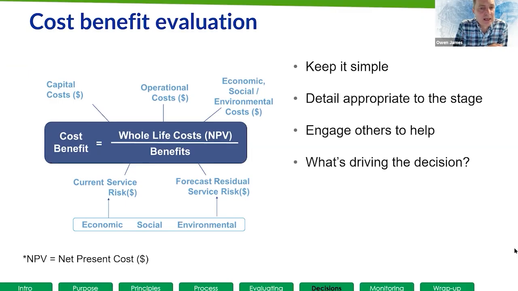And I talked before around expressing everything in dollar terms. If I express this in dollar terms, then I can begin to understand, is this good value for money? So in very simple terms, this is the cost-benefit approach that I like for decision-making. You can use it simply, or you can use it in a very complex approach.